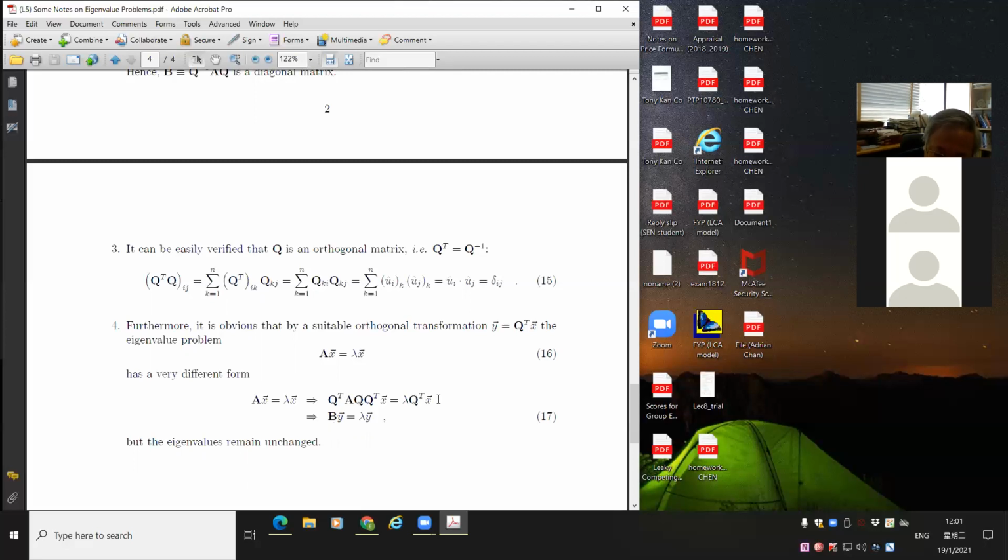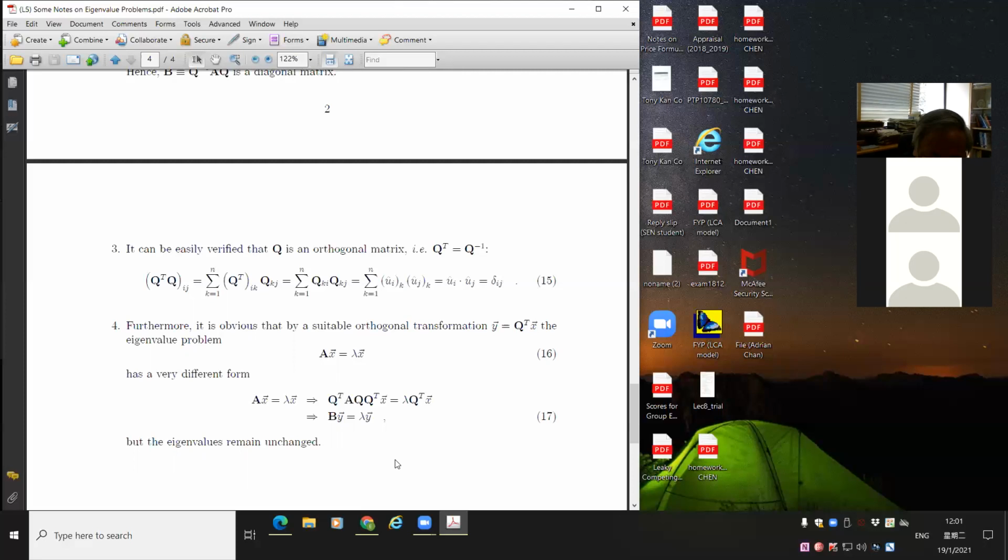And Q transpose on the X vector is Y vector. Now, you can see that after the suitable orthogonal transformation, we have another eigenvalue equation involving B matrix and Y column vector. However, both the original eigenvalue equation and the transformed eigenvalue equation have the same set of eigenvalues.